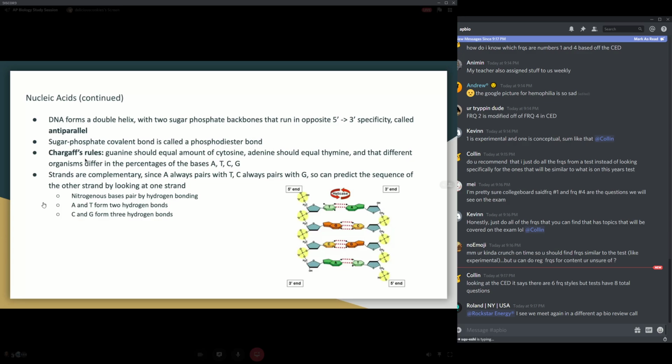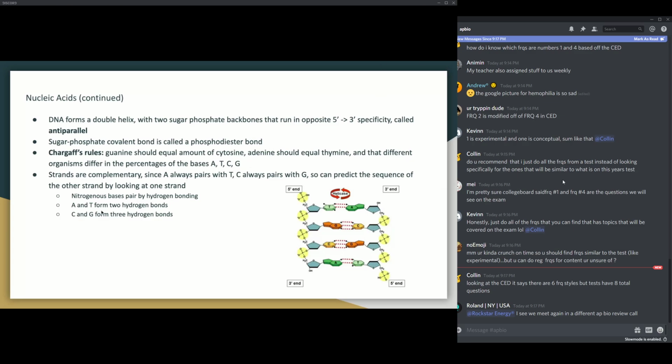And then there's also a crucial phenomenon called Chargaff's rules, which shows that guanine is always equal to the amount of cytosine in a cell, and adenine should always equal the amount of thymine. And if you have different organisms, they have different percentages of the nitrogenous bases: adenine, thymine, cytosine, and guanine.